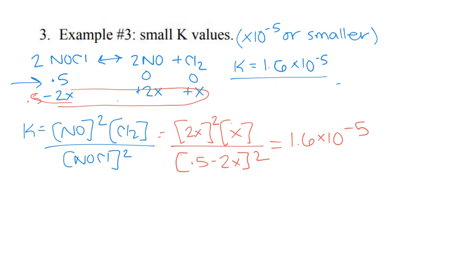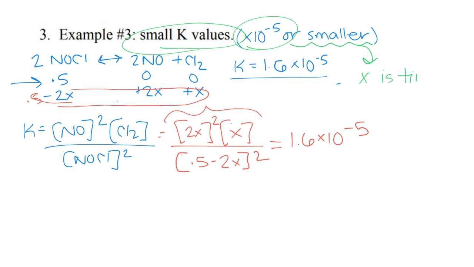So what I have here on the left, all of this is really tricky. We're going to get X cubes and quadratics on the bottom and all kinds of stuff that is difficult to do. So what we're going to do, if you have a really small K value, meaning times 10 to the negative fifth or smaller, basically what that means is that when you solve for X, it's also going to be tiny.